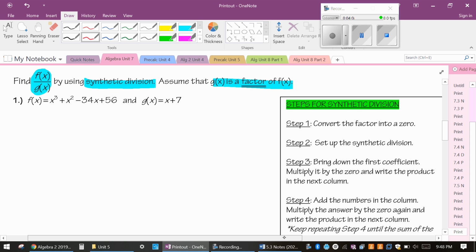Okay. f of x cannot be factored by grouping. The GCF of the first two is x squared. The GCF of 34 and 56 is 2.